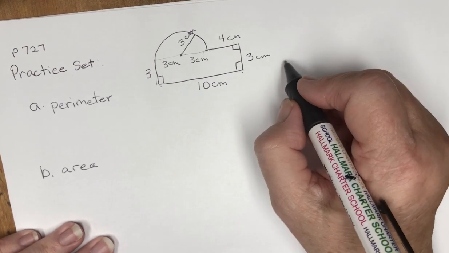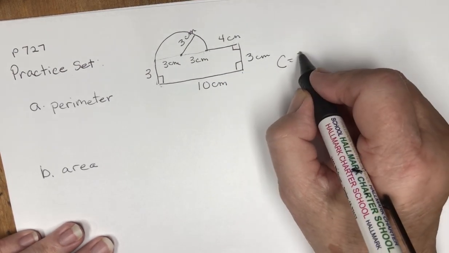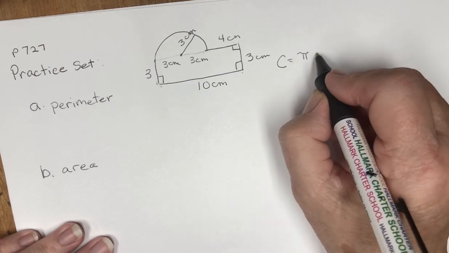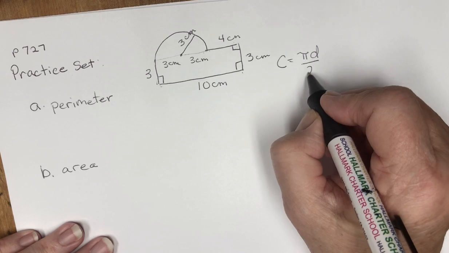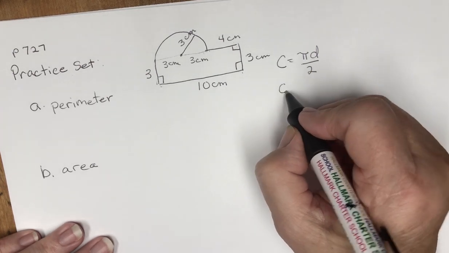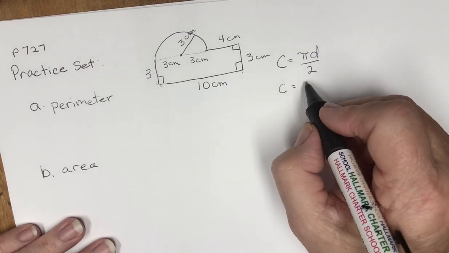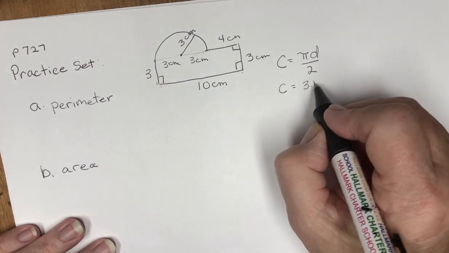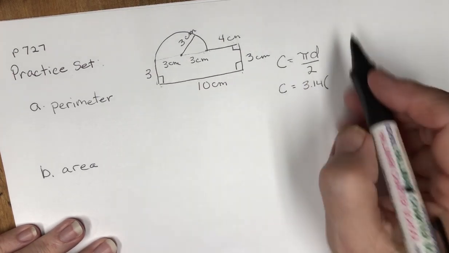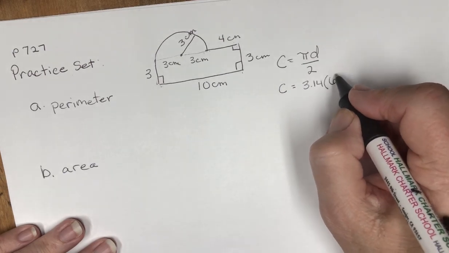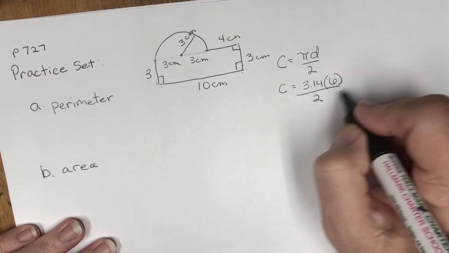So we know circumference equals pi times diameter. But because it's a semicircle, we're going to divide it by 2. So our circumference is going to equal 3.14 times, the diameter is 3 plus 3, so 6. And then we're going to divide by 2.